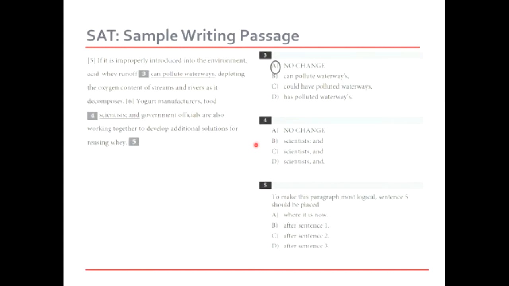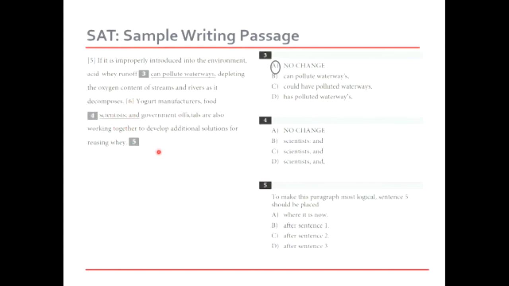Question number 4. I'll read the sentence. Yogurt manufacturers, food scientists, and government officials are also working together to develop additional solutions for reusing whey. Yogurt manufacturers, food scientists, and government officials. Do you think we need to put this semicolon over here?